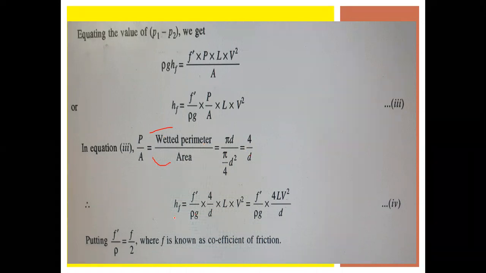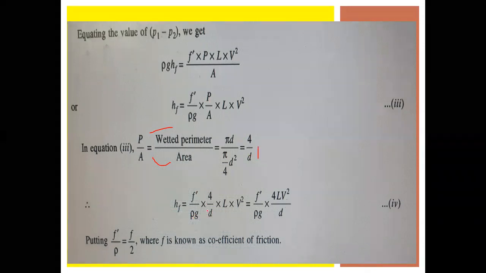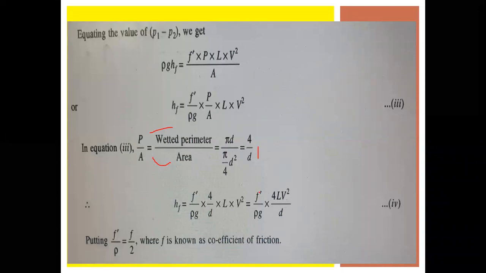Now hf is equal to F dash by rho g, applying P by A is equal to 4 by d, with the same L into v square. After simplifying, we get F dash by rho g into 4 l v square divided by d.